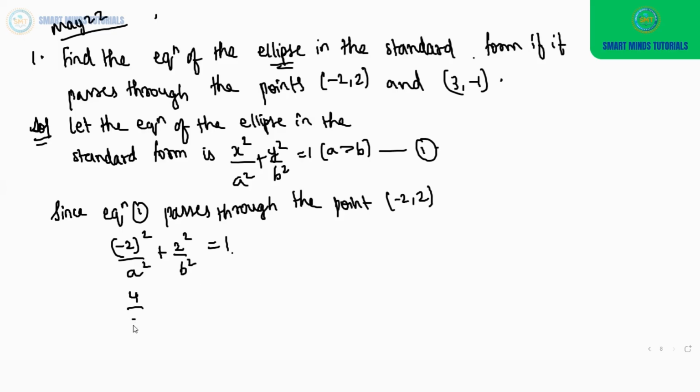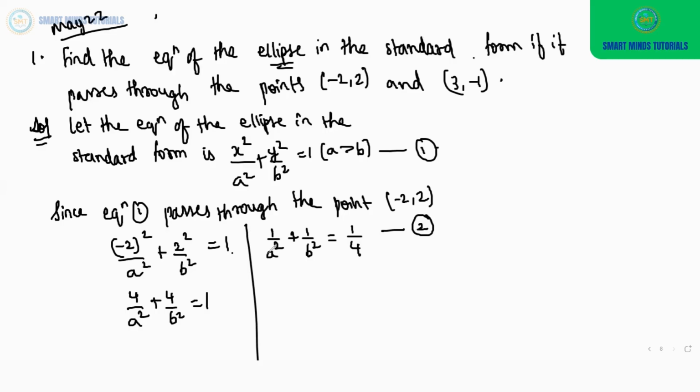So we get 4 by a square plus 4 by b square is equal to 1. If we take 4 common and take it to the other side, we will get 1 by a square plus 1 by b square is equal to 1 by 4. Equation number 2.